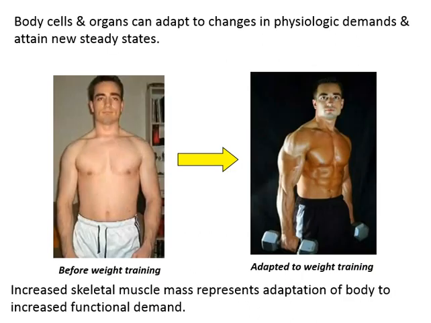This shows an example of cells adapting to increased physiological demand. It's in skeletal muscles. This guy here has decided to take on some weight training. He's going to put extra weight loads onto his muscles. The muscles will respond by increasing the size of the individual skeletal muscle cells, as we can see over here.